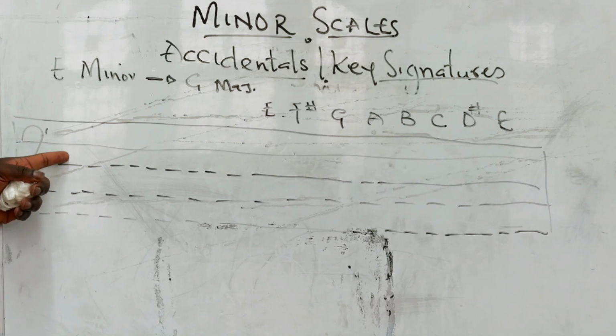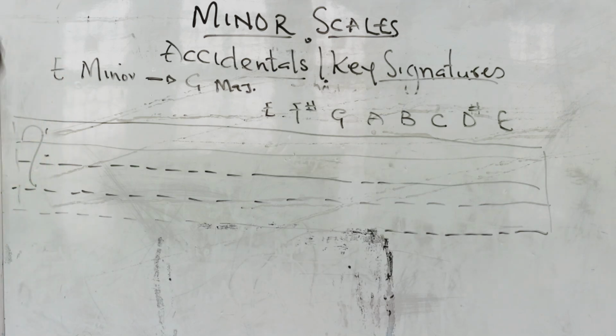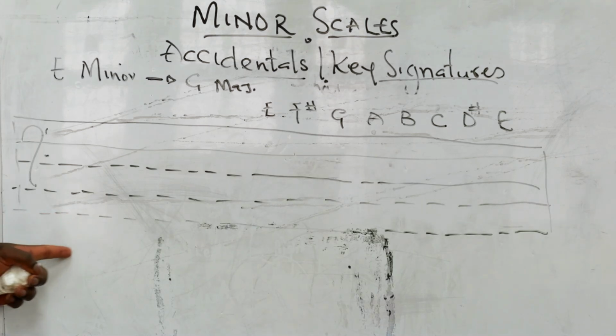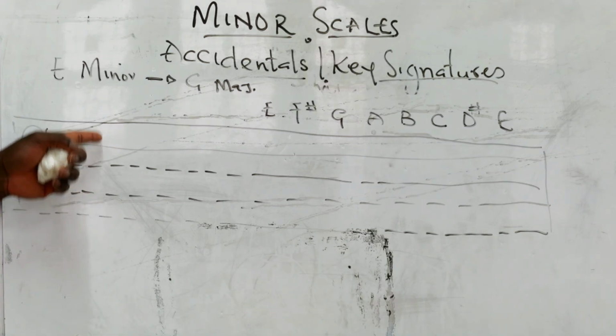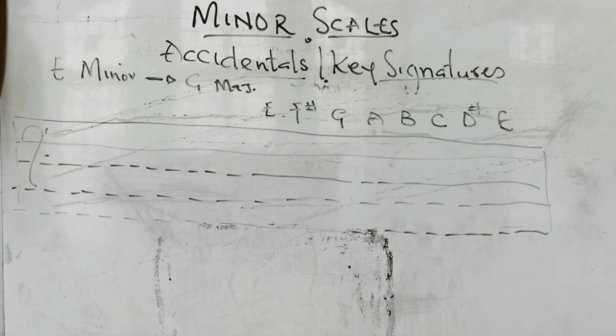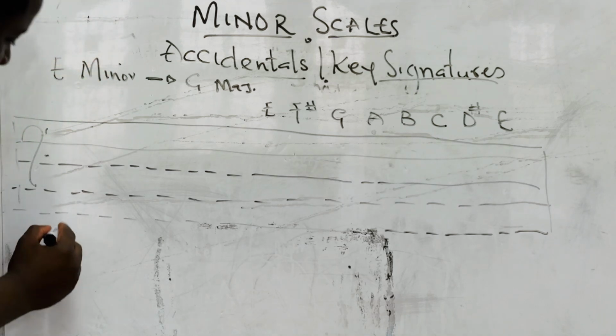This one, 3rd space. Okay, if you start here, you're going too far up. That's why you have to be careful where you start. Why don't you start from the first ledger line? Oh. Because this is G, then the space here is F, and the first ledger line is C. Okay. Because then you can go from here to here. But if you start from this E here, you'll be going too far. Oh. So let's start from here.